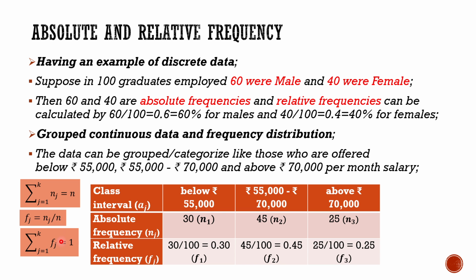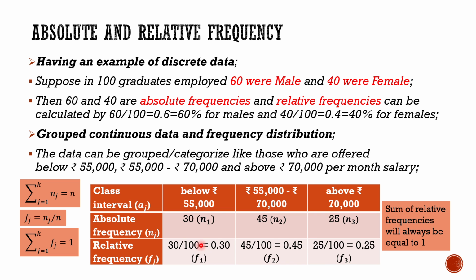And if you add up all the relative frequencies, you will ultimately get 1. This is only because you are taking the fractions of all these things, and if you add up these fractions, it will add up to 1. So the sum of relative frequencies will always be equal to 1.